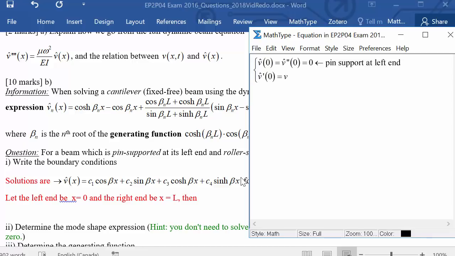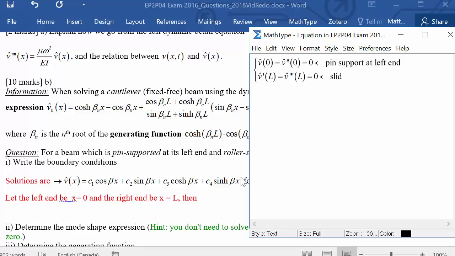We're not resisting it with any shear force. So what that tells you is that V prime, that's the angle at the right end, is 0, and V triple prime at the right end is also 0.